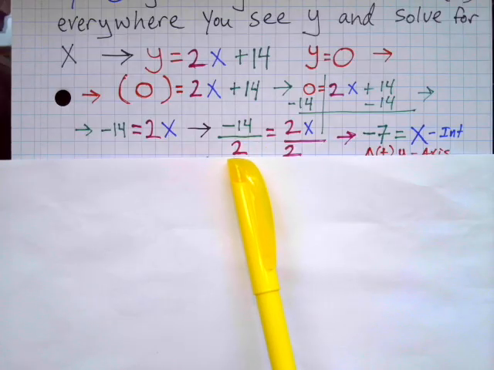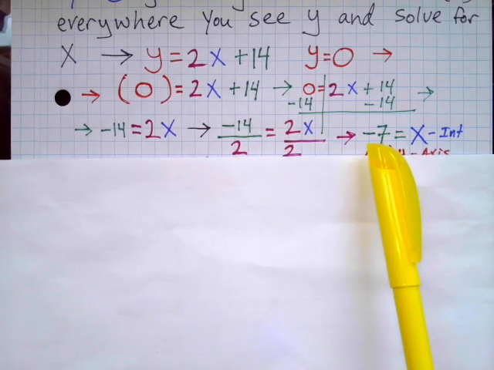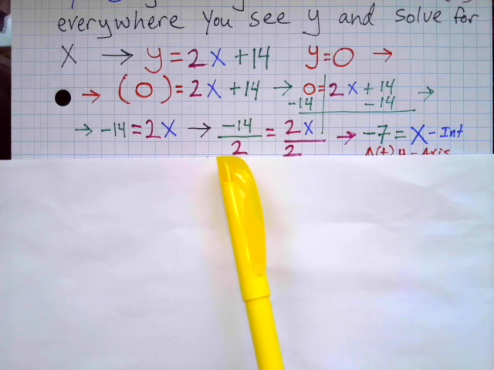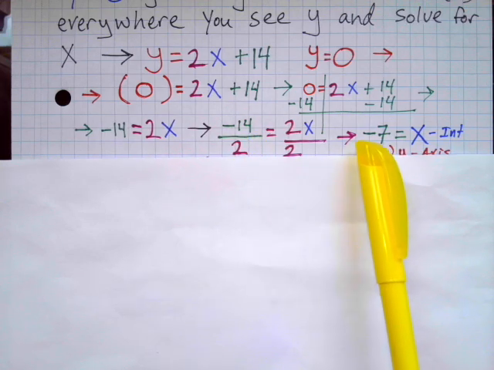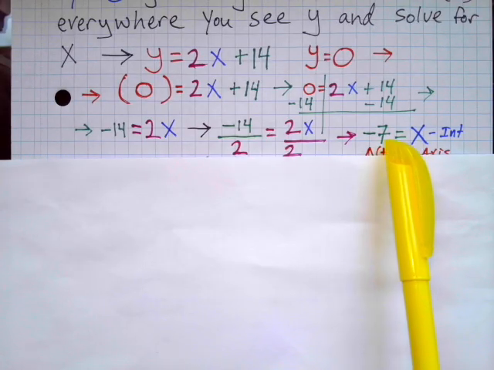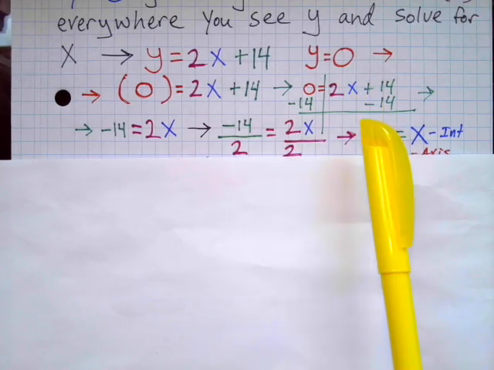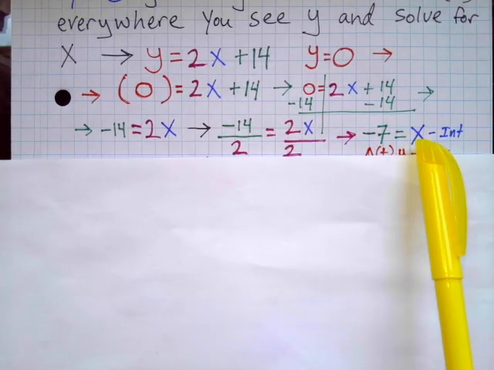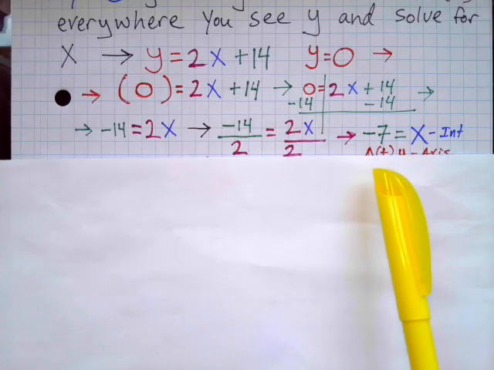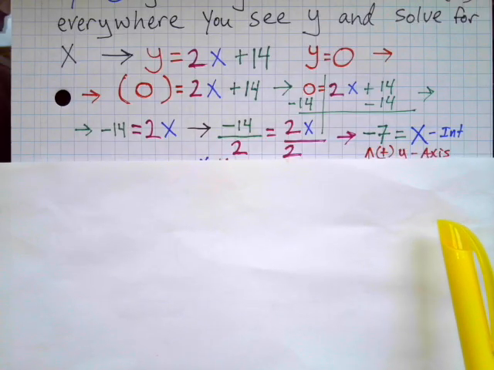14 divided by 2 is 7. One negative, one positive makes it a negative 7 value. So x equals negative 7 when y is 0, right? So that's my x-intercept, at negative 7 along the x-axis.